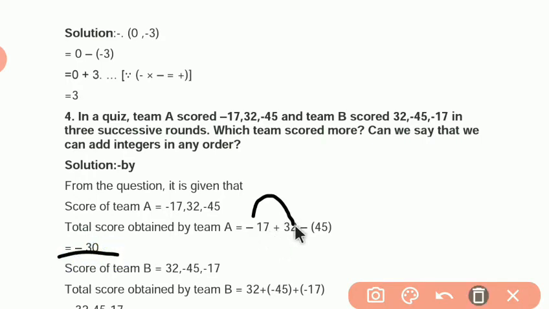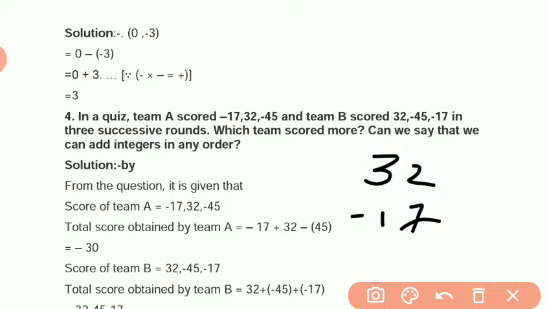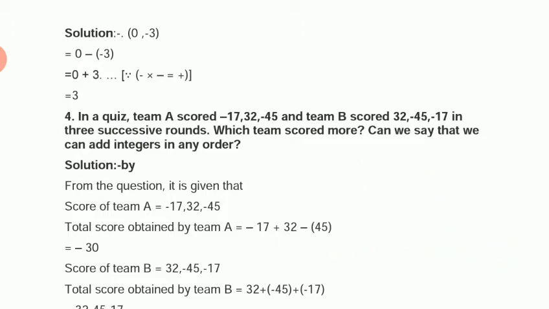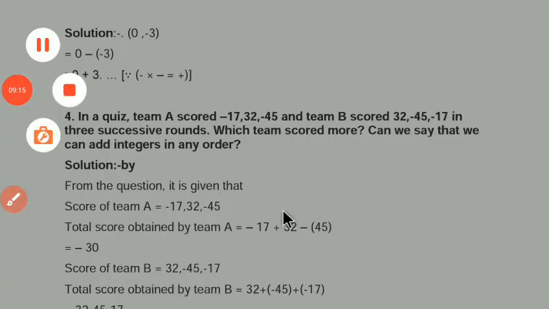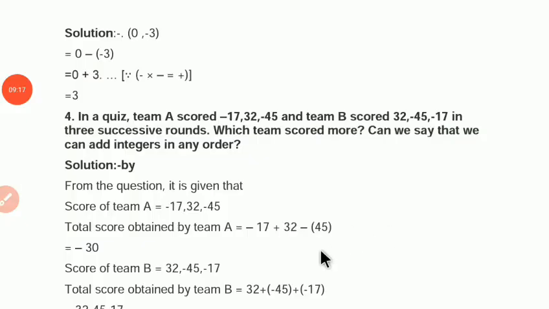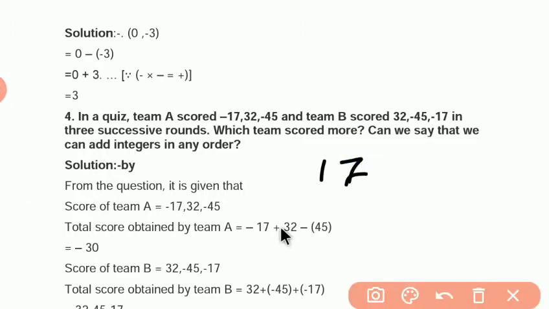Or you can see that minus plus minus. So -17 plus 32 means 32 minus 17, so we will get the answer as plus 15, because 32 is a bigger number and its sign is plus.